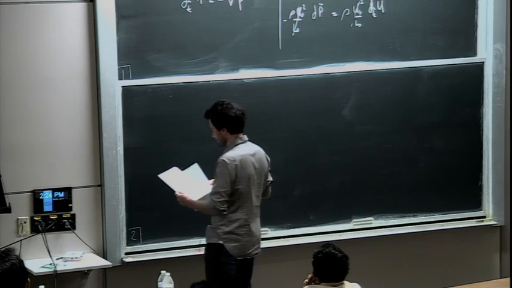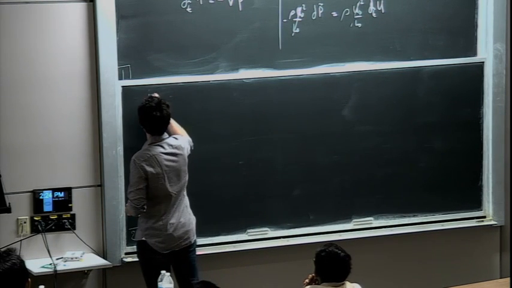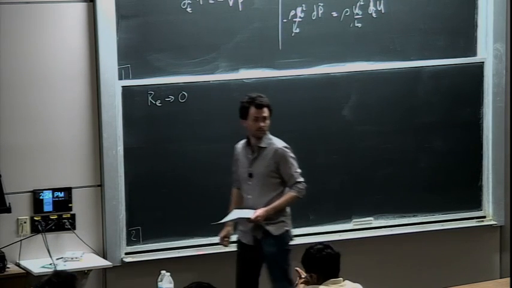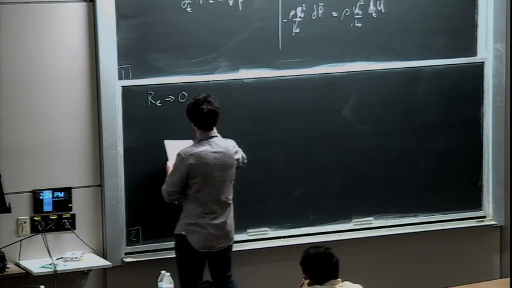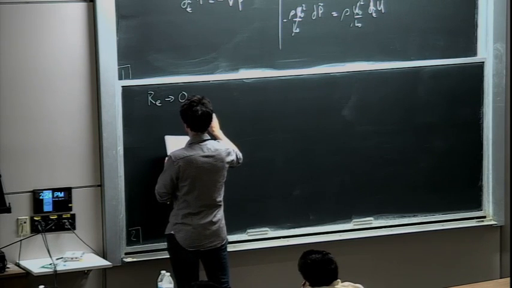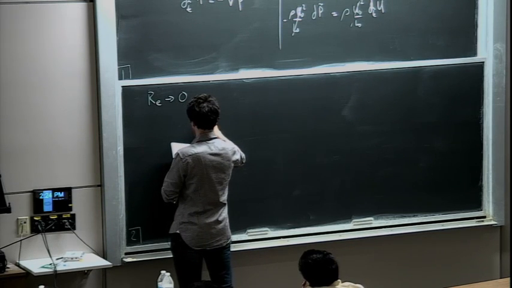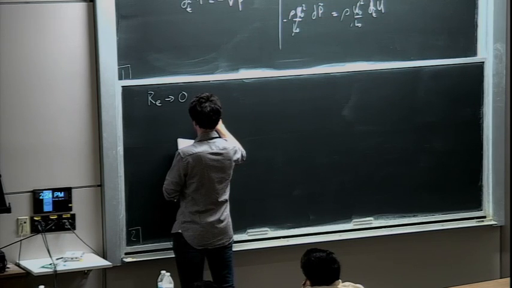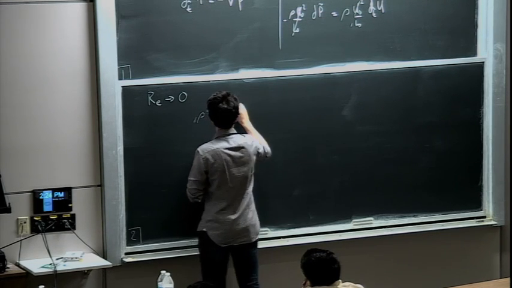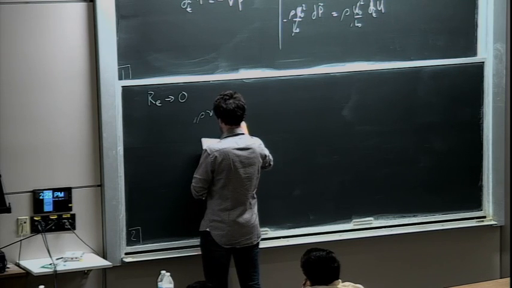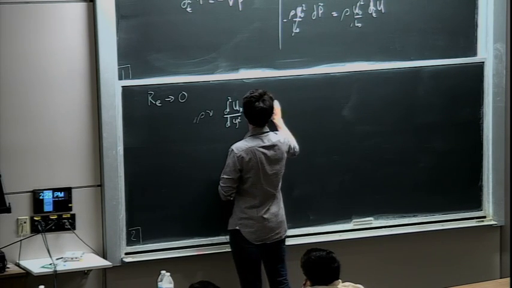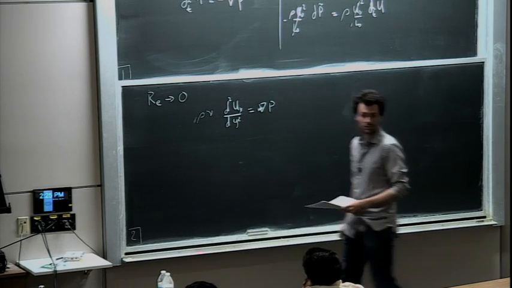Now, the other thing that we could have done is to take the opposite limit, which is to say the Reynolds number goes to 0. And in that case, for our problem, this was going to become rho nu d2 ux by dy squared is equal to the gradient of the pressure.